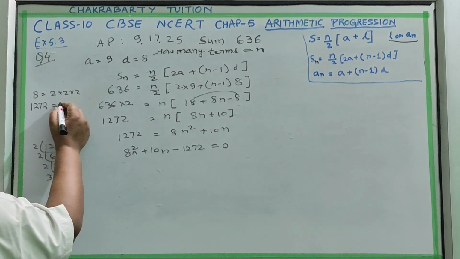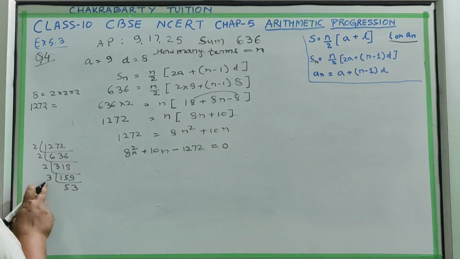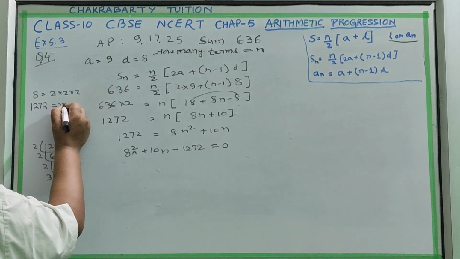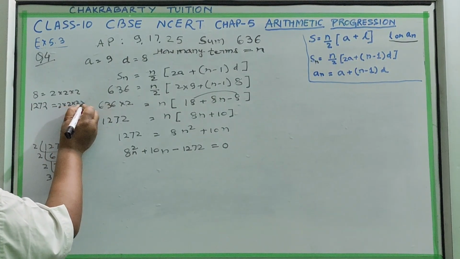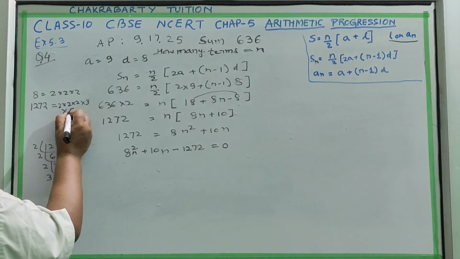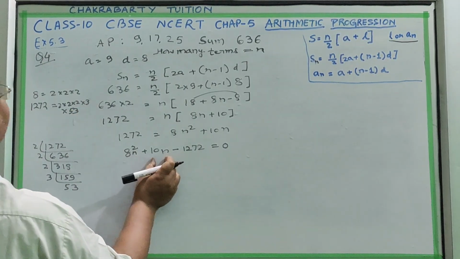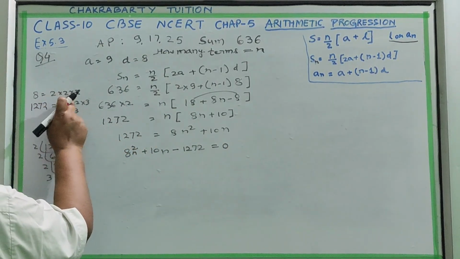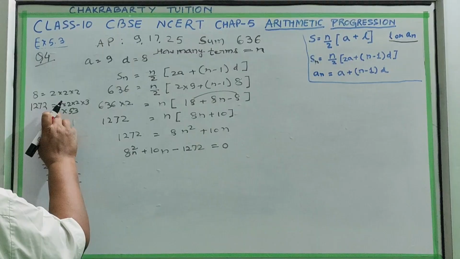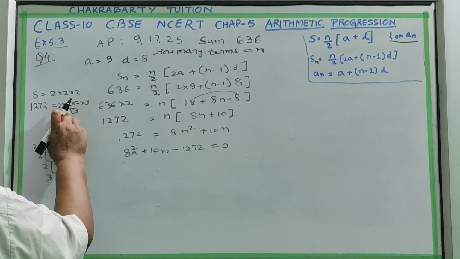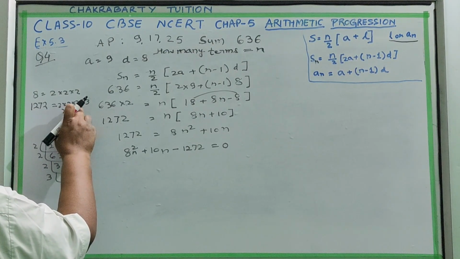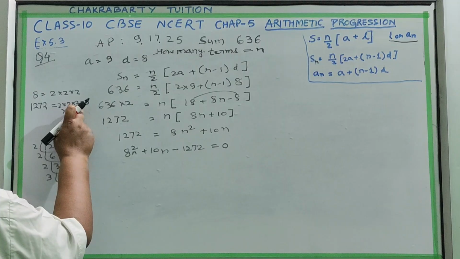So here we will get 2 into 2 into 2 into 3 into 53, and we want 10 in between. So 2 4s are 8, 8 12s are 24, and 24 2s are 48.